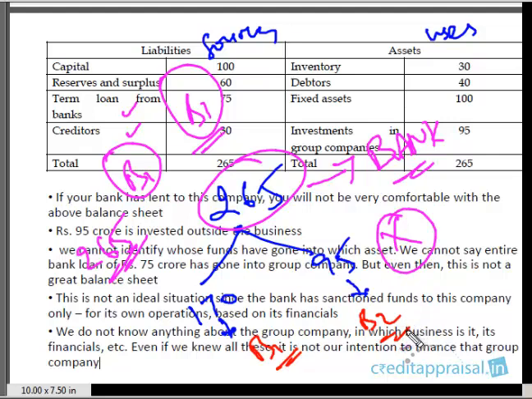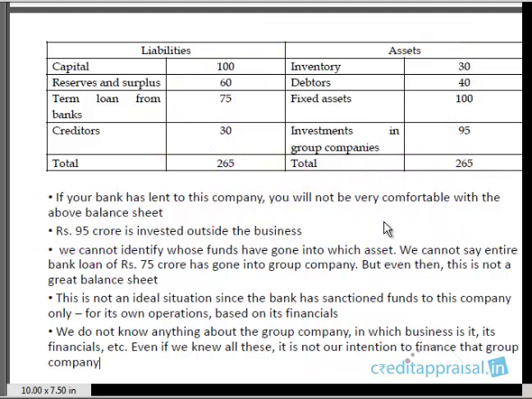Why? Because you have sanctioned 265 lakhs to this company, based on the requirement for this company, right? Now what did this company do? Promoters, they have diverted 95 lakhs. This is what is known as diversion. Diversion is when the funds were not put into use for which they were intended. What is diversion?